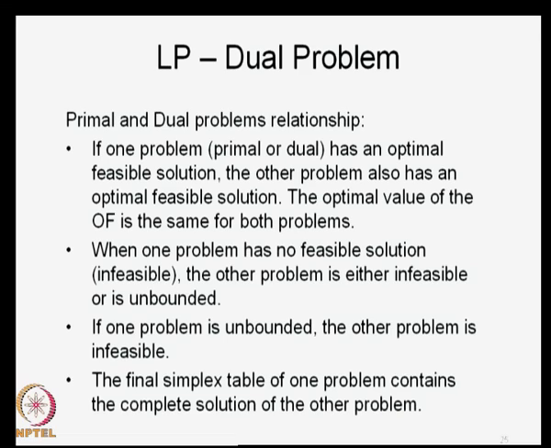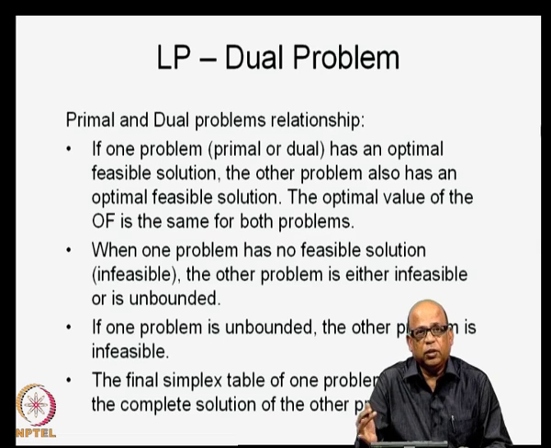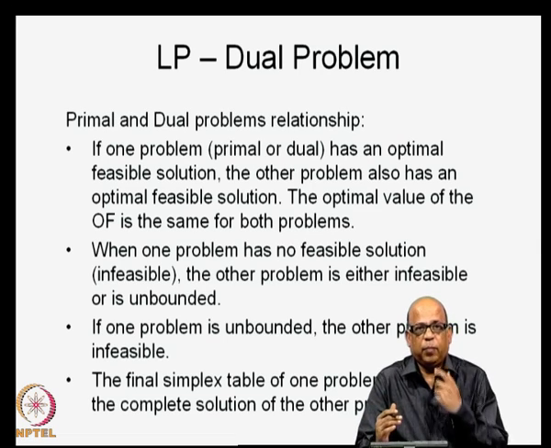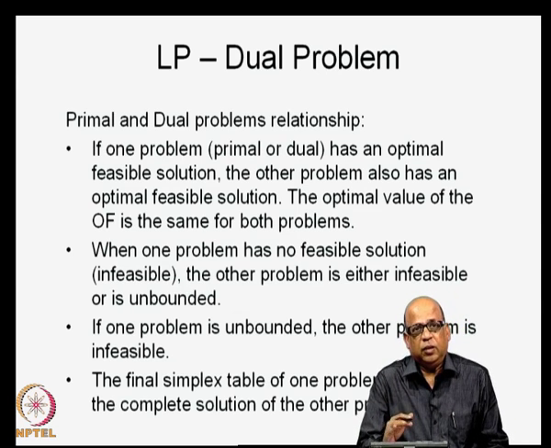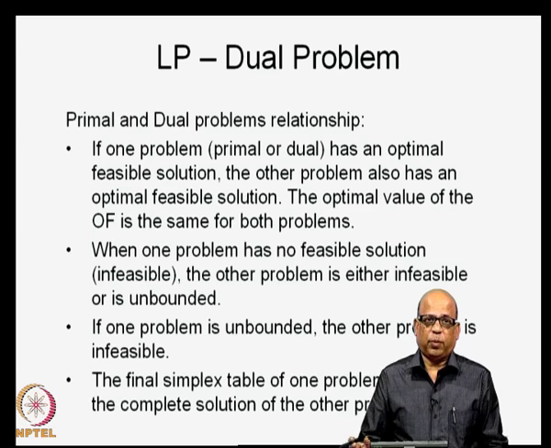Now, there are certain interesting features, we will just run through them in terms of the relationship between the primal problem and the dual problem. If either the primal problem or the dual problem has an optimal feasible solution, the other one also has an optimal feasible solution.